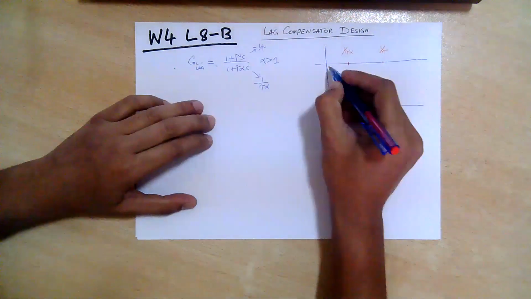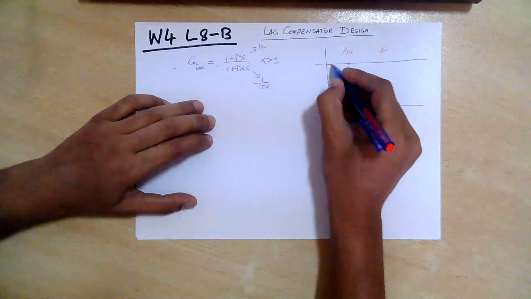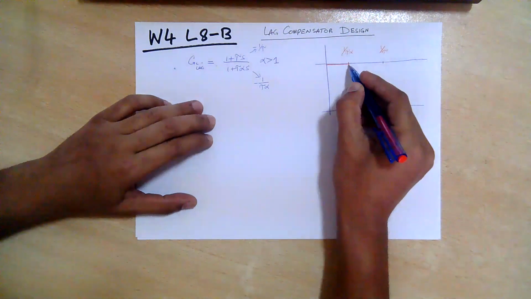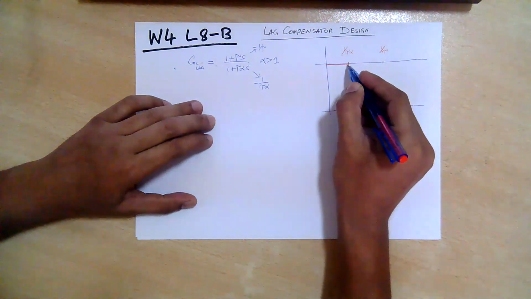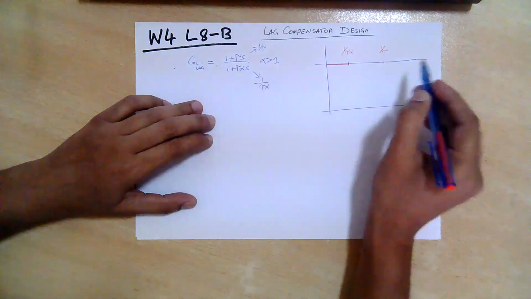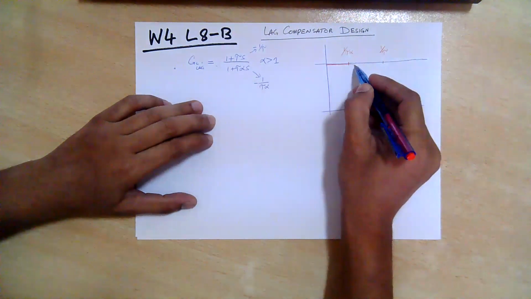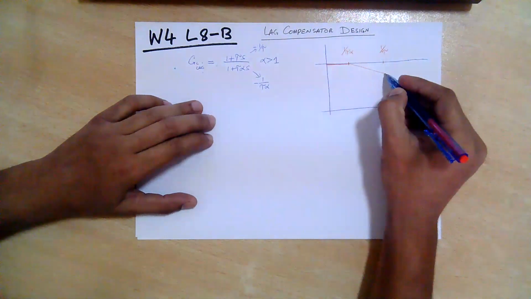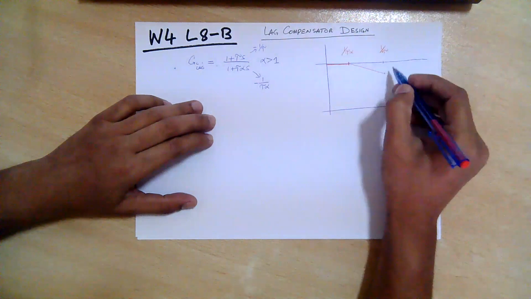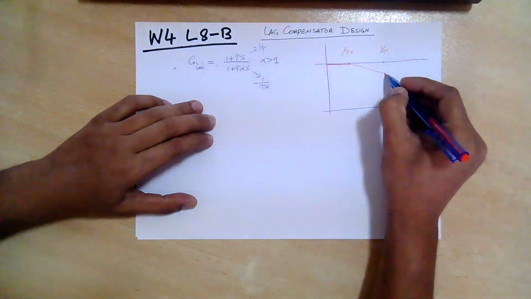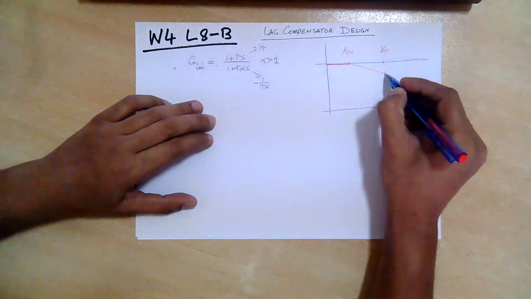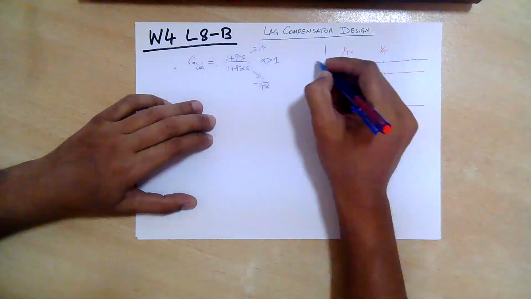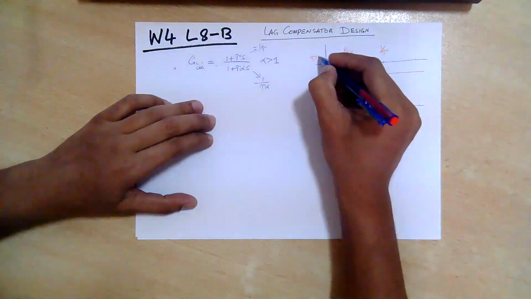It will start at 0 dB, and at 1 over tau alpha it will be minus 3.01, but the asymptotic curve is just 0. And then the subtraction will start. Subtraction in magnitude with minus 20 dB per decade, and when we reach the zero it will add plus 20 dB per decade, so the minus 20 dB and plus 20 dB effects will cancel out, and the curve becomes horizontal for the magnitude in dB.